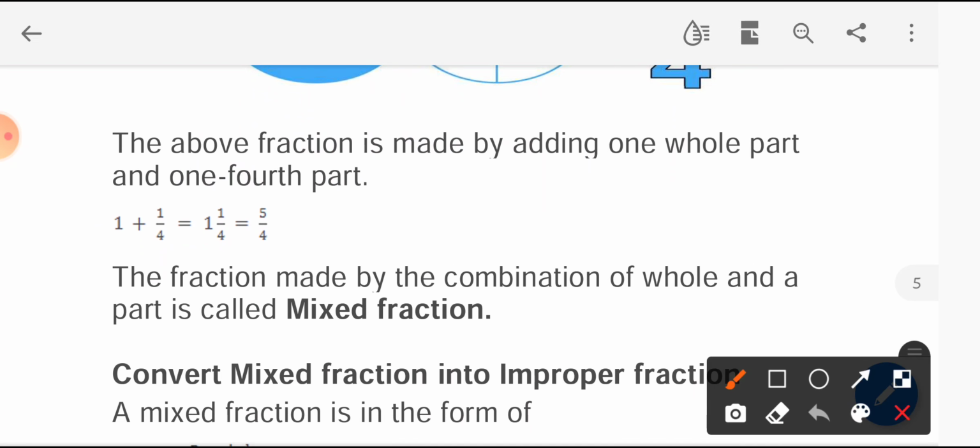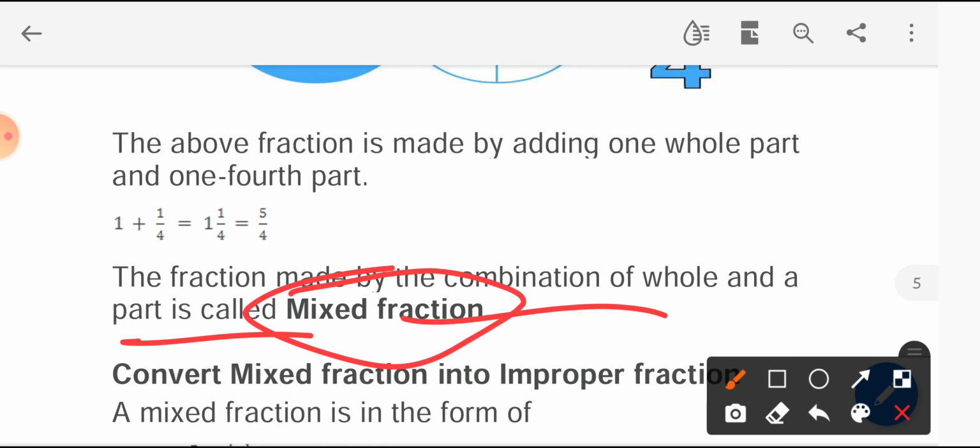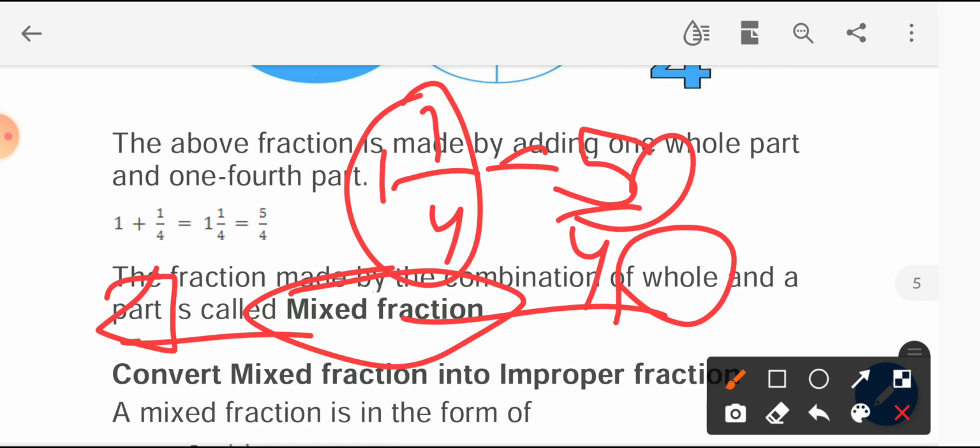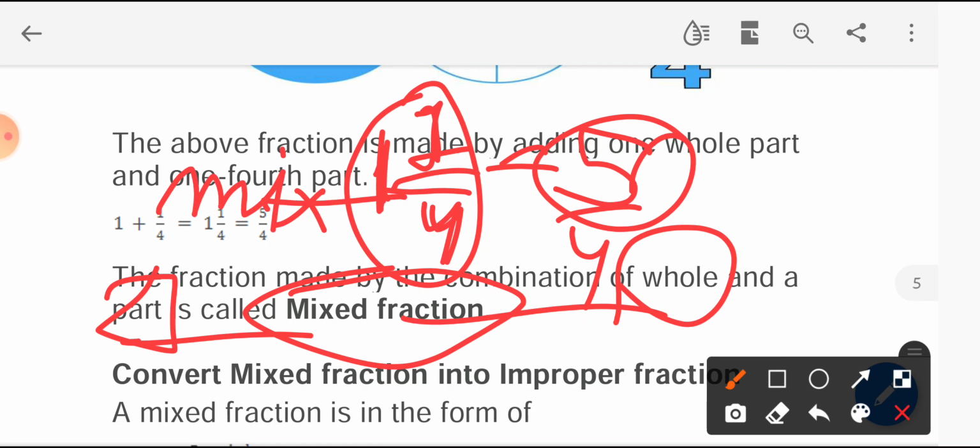So the fraction made by this combination of a whole and a part is called a mixed fraction. So by this you can say, what is a mixed fraction? A mixed fraction is a combination of a whole number and also its part. So this improper fraction is made up of one whole part and its fraction part. So this type of fraction is known as a mixed fraction.